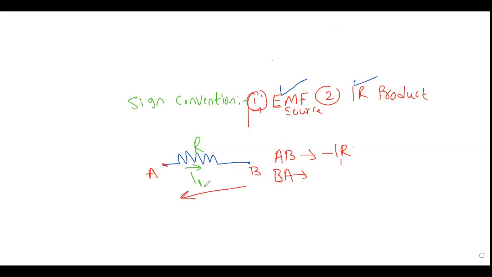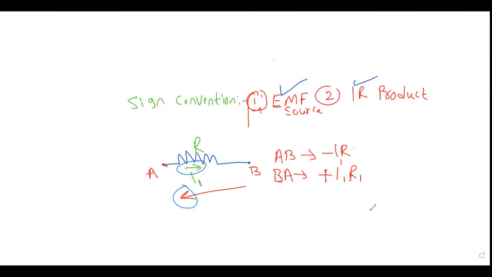Now try to compare the direction of current in both cases. You can see that this is exactly opposite to this. So in this case, our product of current and resistance will be plus I1R.